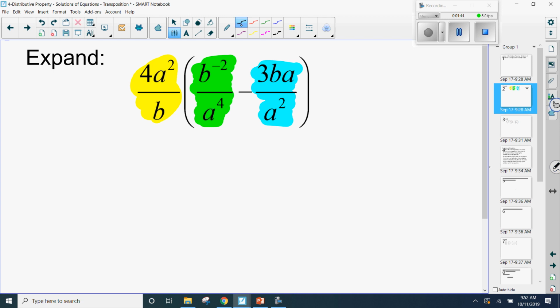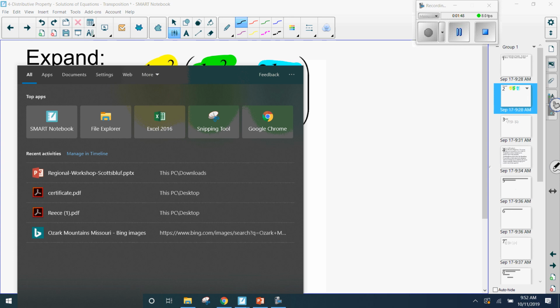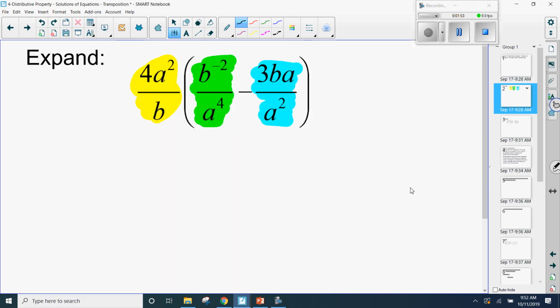So if we look at this very first fraction out in front that we want to distribute through, we can put that all into the numerator by moving the b up. If I move that b up, I get 4a squared b to the negative first.